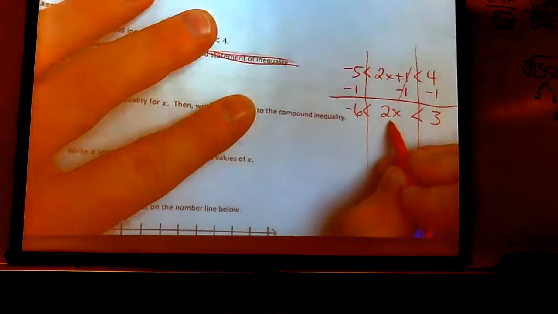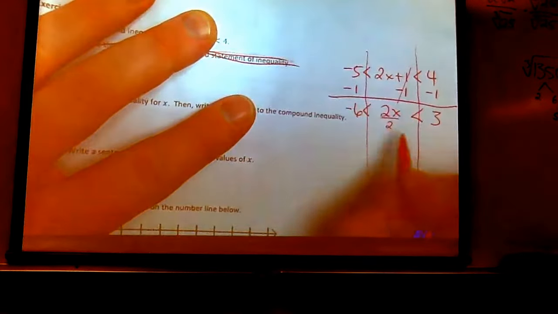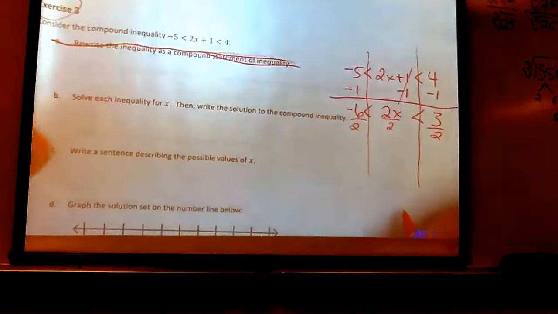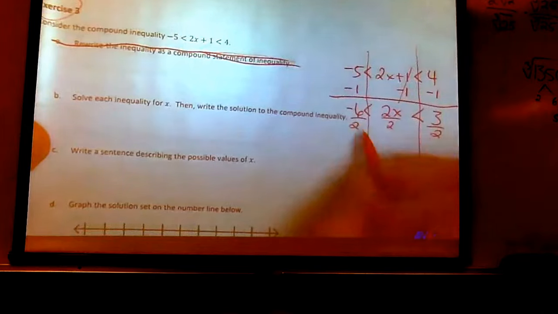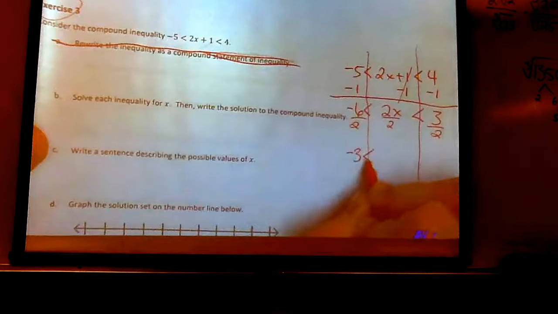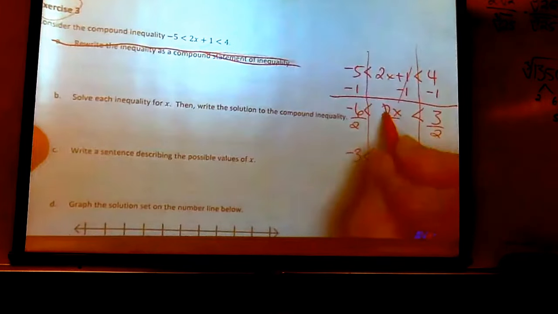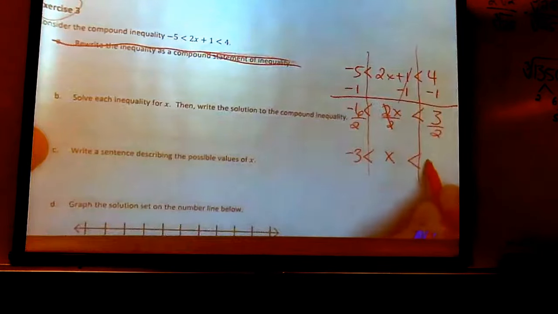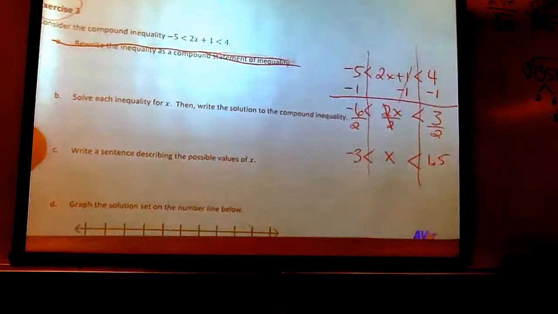It's 2x, so you divide everything by 2. Negative 6 divided by 2 is negative 3. 2 over 2 is just x. And this one is 1.5. Okay, we can do decimal.